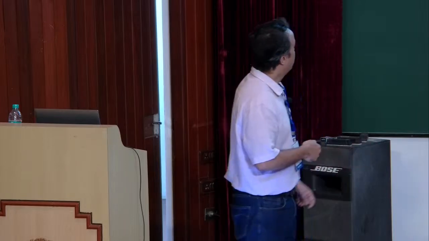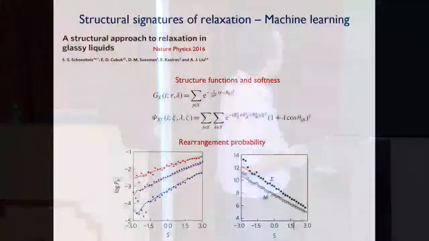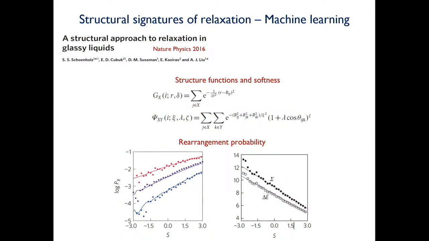What you see here is that as the softness increases, the rearrangement probability increases. What it means is that the softer a particle, the larger is the probability for that particle to rearrange.